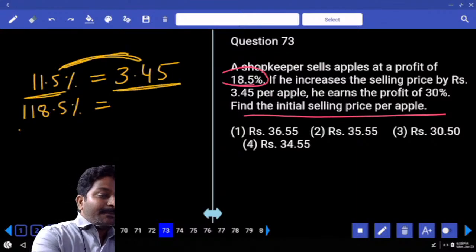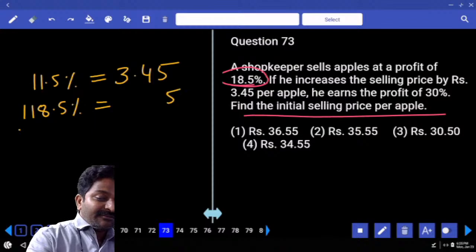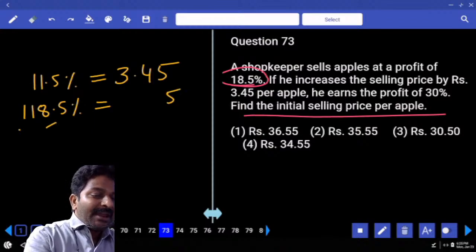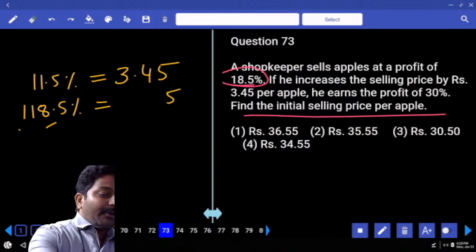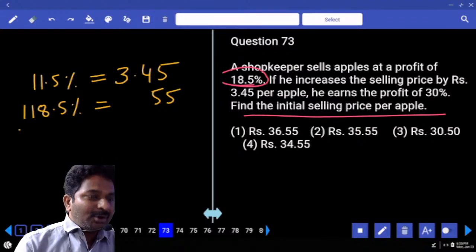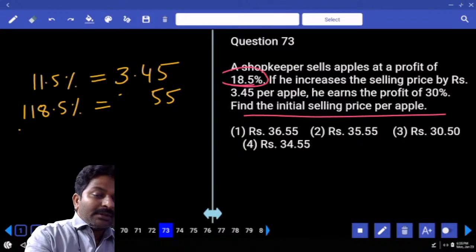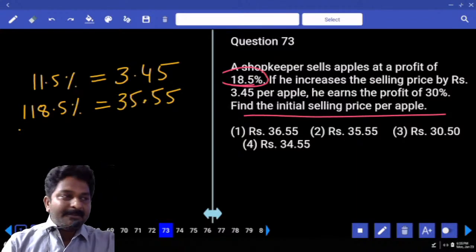How many times do we have? 5 threes, 15, 1 carry. 8 threes, 24 plus 1, 25. Then the answer must end with 55. Couple of options are there. So how much carry do we have? 2. 11 threes, 33 plus 2, 35. Now if you keep the decimal, that is going to be 35.55.